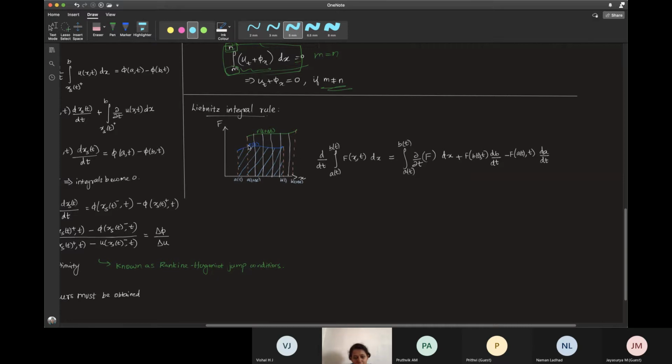This is f of x comma t actually, but this is a graph with respect to x and f. Since we have x already here and f is drawn along x, it's enough to just write it as f of t. Now this is your function at time t, and this is your function at time t plus delta t.